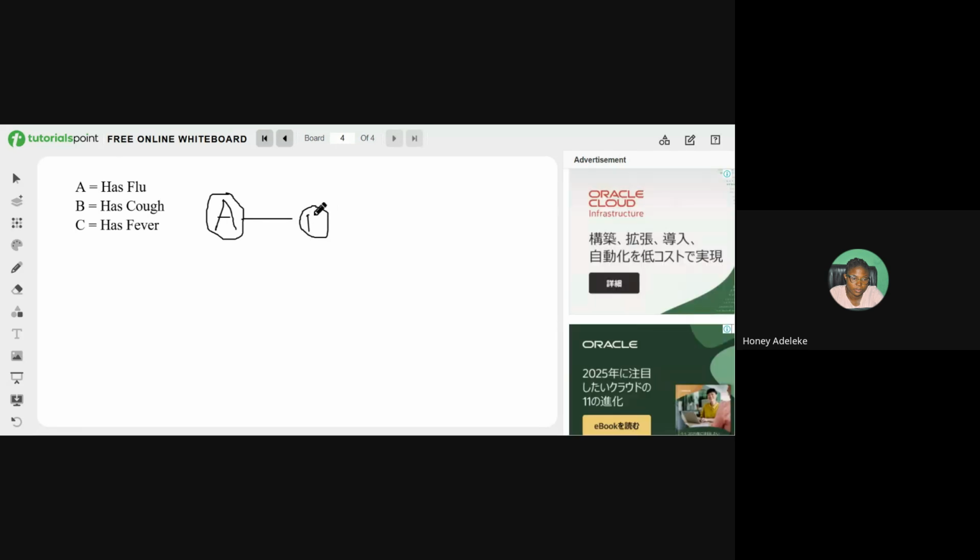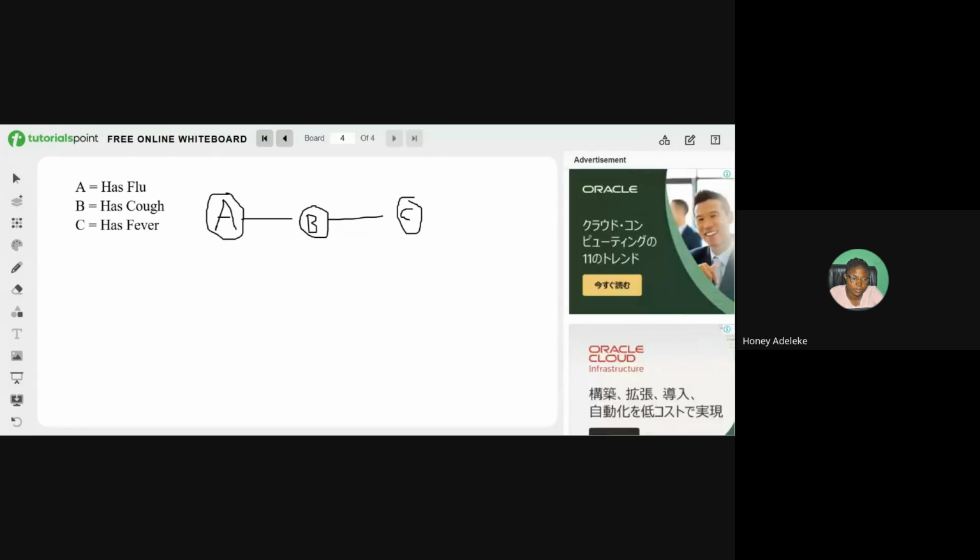Then we have B. Then we have C. So can we establish any relationship amongst these three nodes?